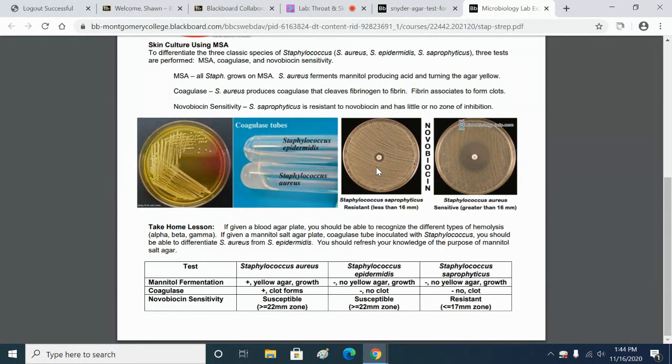So now when it comes to Staph aureus, remember I said about a third of people carry Staph aureus, and more of them, that staph they're carrying is MRSA. What did MRSA stand for?